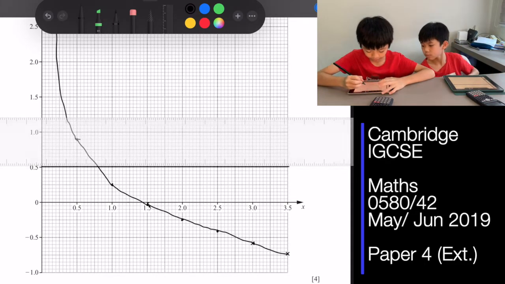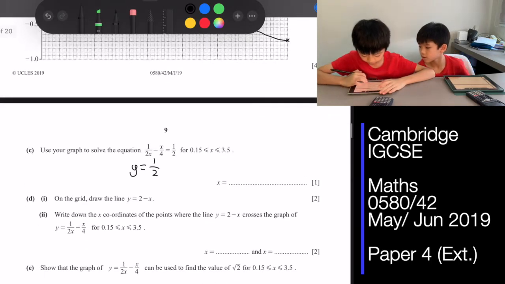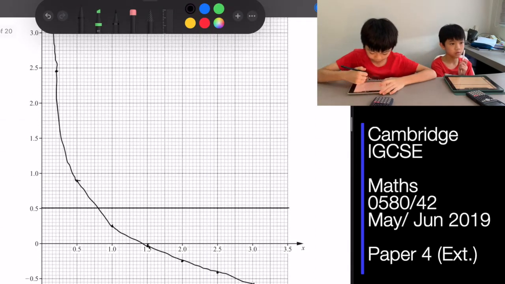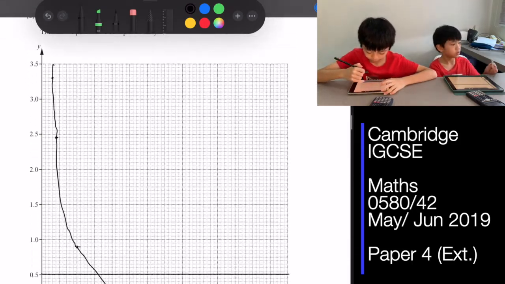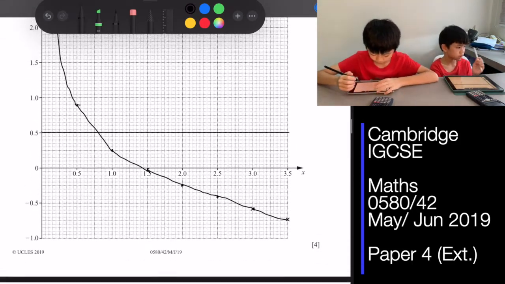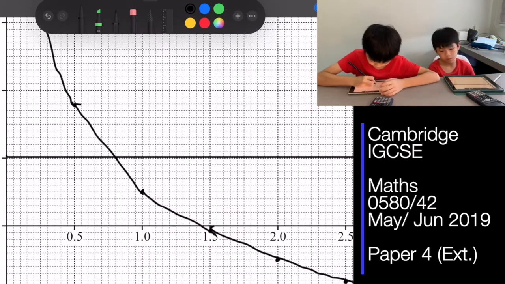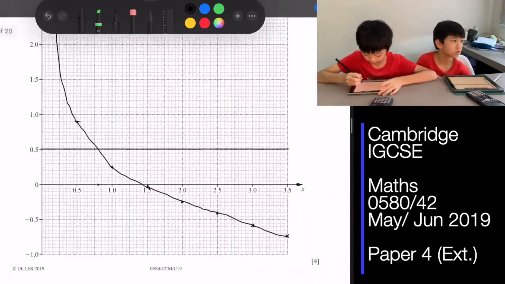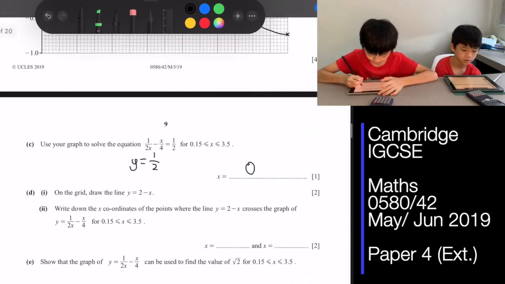So it's this line. Then we need to look at the point where it intersects the line y equals 1 over 2x minus x over 4, which is over here. And the x coordinate for it is here, 0.75, 0.8. So x is 0.8.